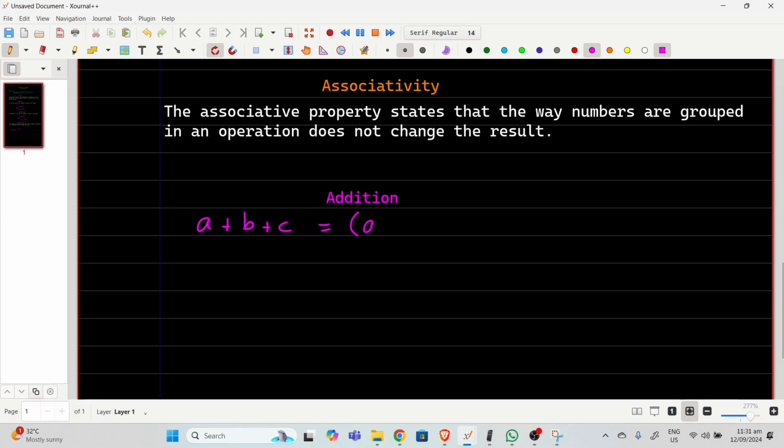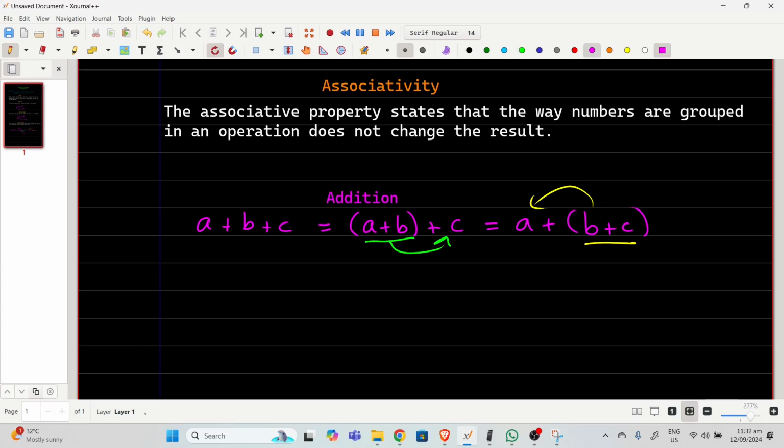So if I group A plus B and then add that result to C, I will get the same result as if I have A and then add it to B plus C. If I solve this pair first and then add the result to A, or I solve this pair first and then add that result to C, it does not matter. I will get the exact same result.